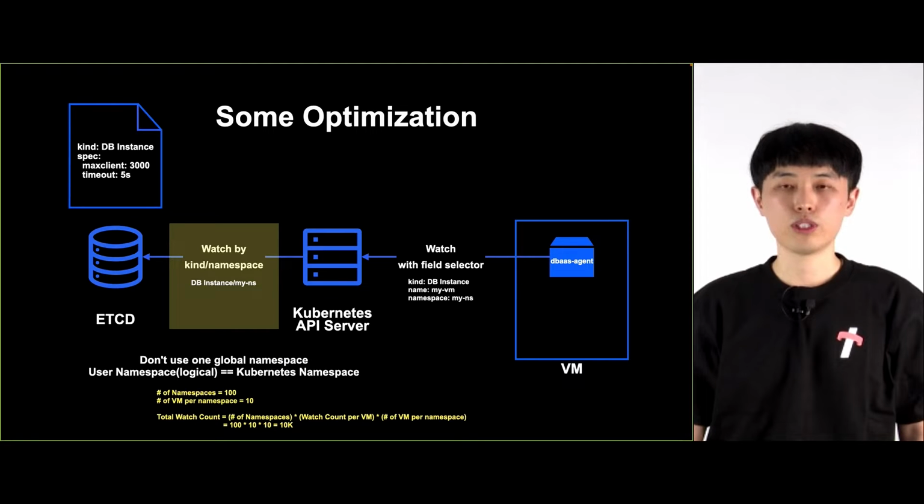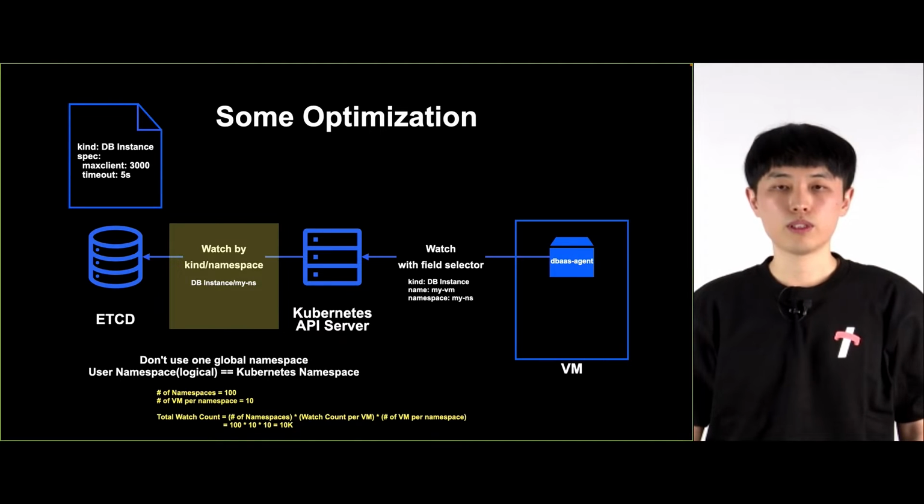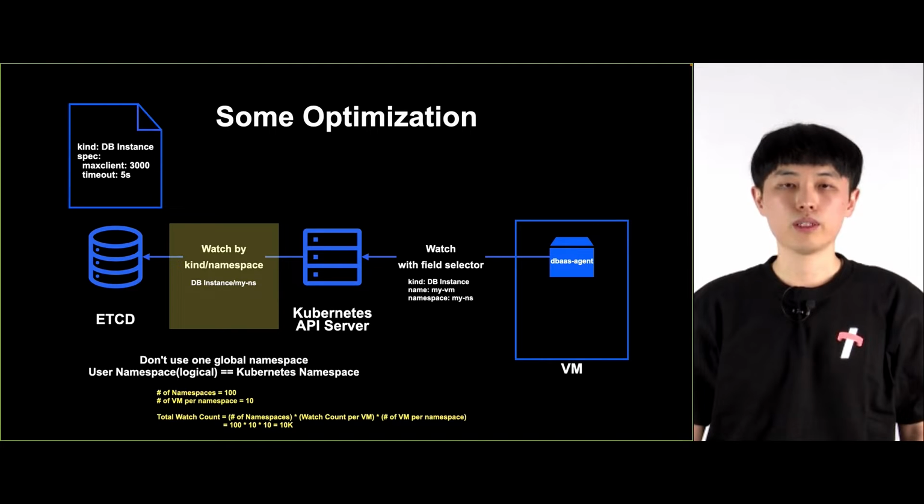But we also identified that the resources are managed separately, and we can make a big volume of namespace. So the logical namespace is where the DB service is generated. And if we control the number of DB services that could be generated in the user namespace, we could reduce the watch of the custom resources.